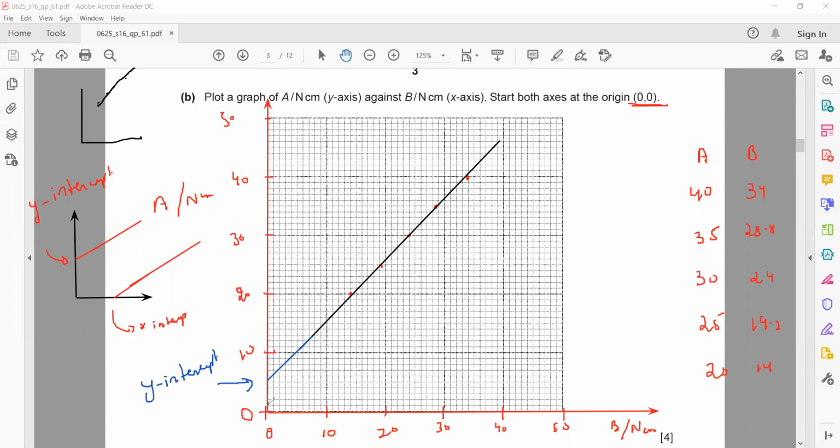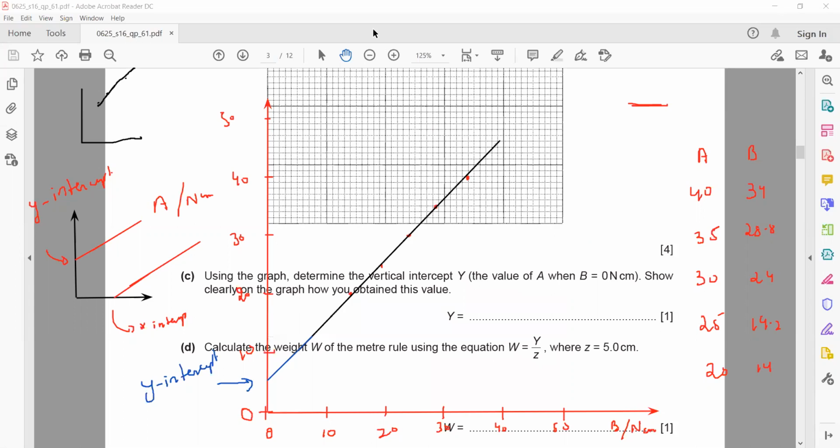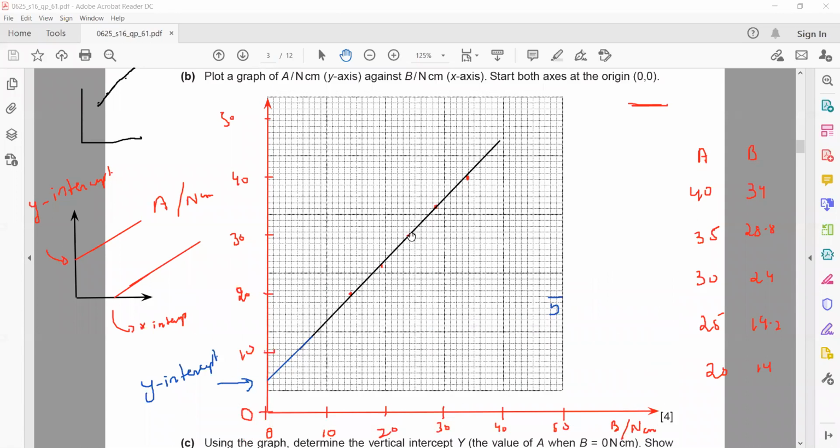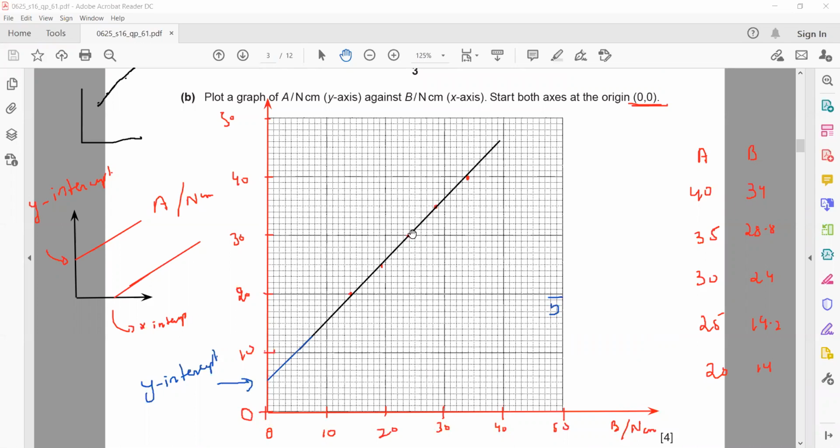So what is the y-intercept here? 1, 2, 3, 4, and 5. So what is our y-intercept in this question? Our y-intercept is equal to 5. Or if it appears 5.5 according to your graph, because it will have a range, 5.5 is acceptable, 5 is there.